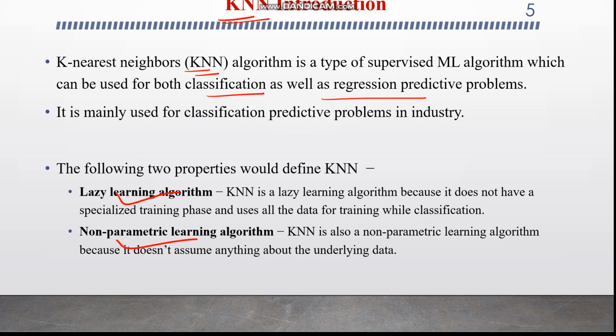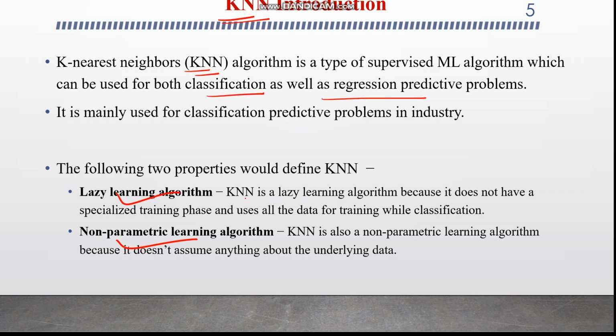KNN is a lazy algorithm because it doesn't have a specialized training phase and it uses all the data during classification. It means it will not filter out the attributes; it will consider all the attributes to choose its nearest neighbor. It is a non-parametric algorithm because it doesn't assume anything about the underlying data, so it works free of all such assumptions.